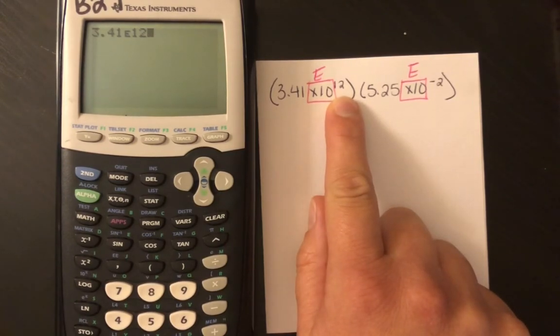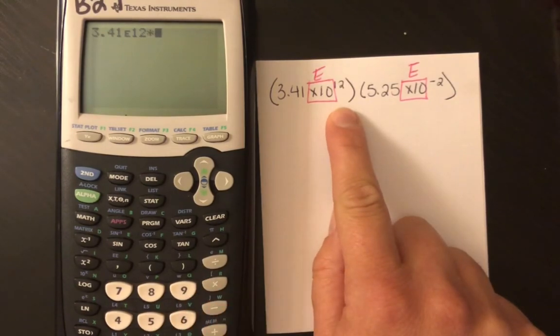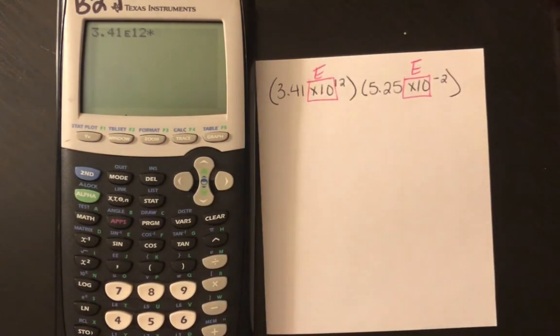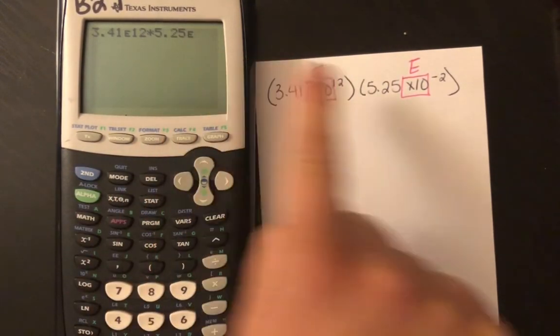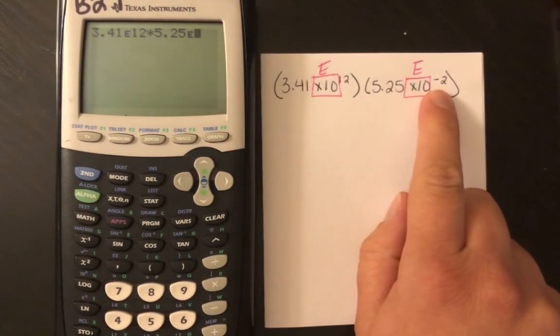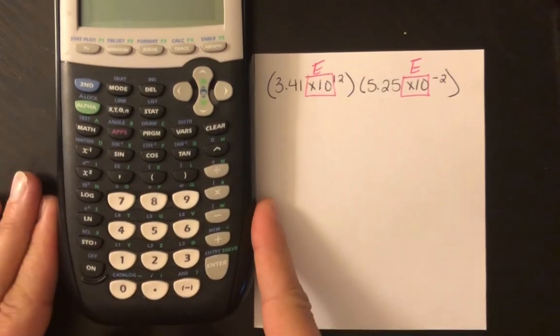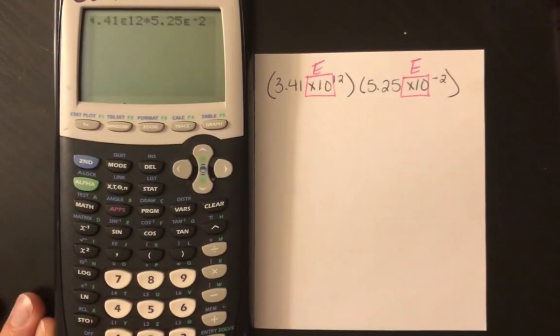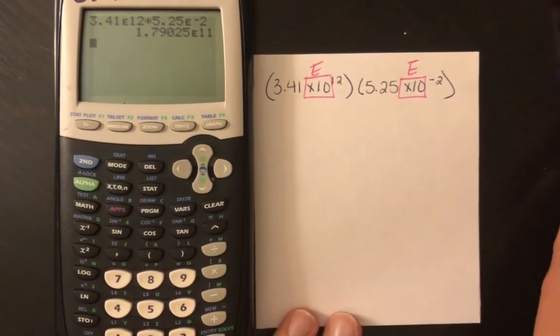Work smarter, not harder. We're multiplying these two numbers, so our multiplication button. 5.25, here's our times 10, so second comma, so I can get my E. My exponent is negative 2, so don't forget you have your negative button, 2, hit enter. 2 decimal places will work just fine.